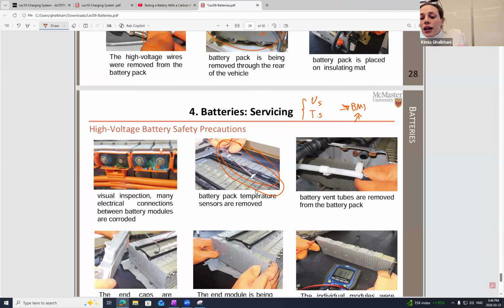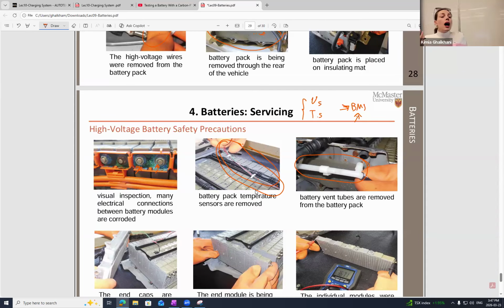And then if I have vents or tubes in here, they are what I'm using for the thermal management system. Sometimes I'm having an active thermal management system, sometimes a passive one. Active thermal management means I'm having water or coolant around the battery, moving around the modules or cells in order to cool down the battery during charge and discharge, when I'm having heat generation.